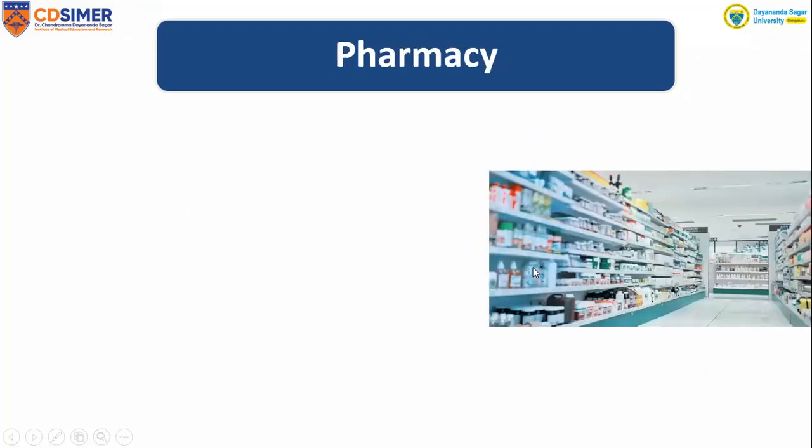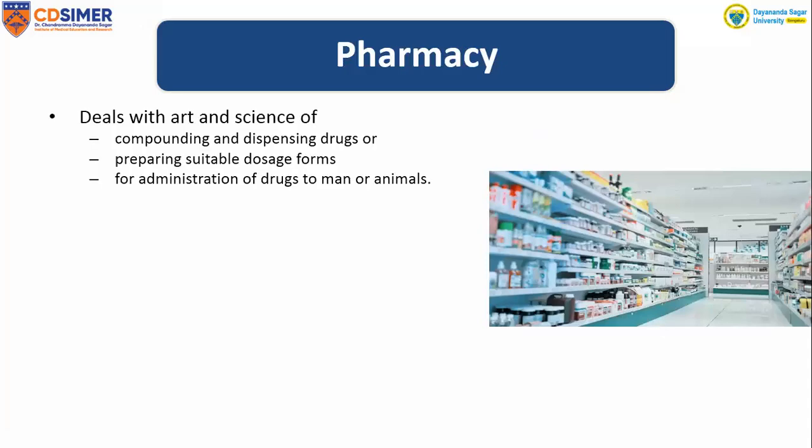Now I would like to tell you about what is pharmacy. The moment I talk about pharmacy, you will immediately understand that it is a drugstore. But you should know a little bit classically what is the meaning of this pharmacy. Pharmacy is the branch of pharmacology.